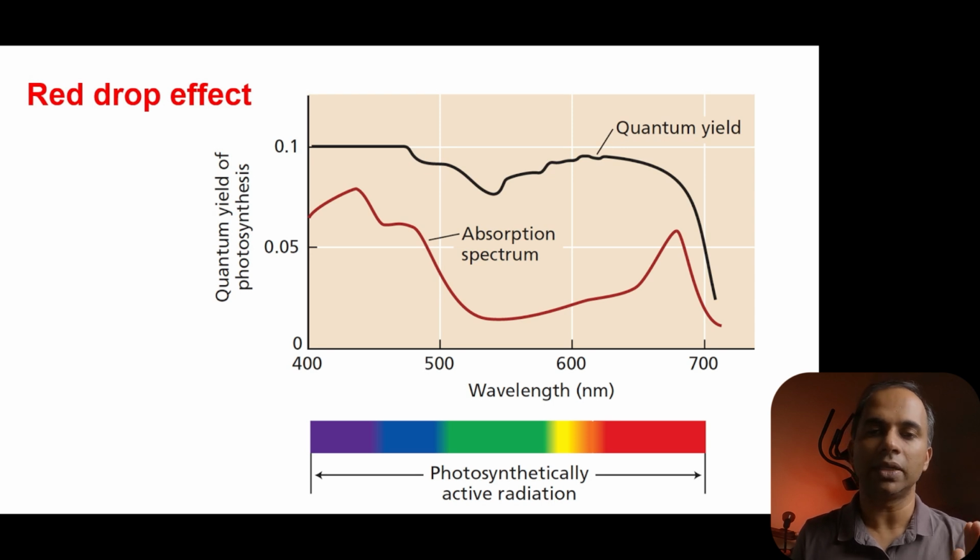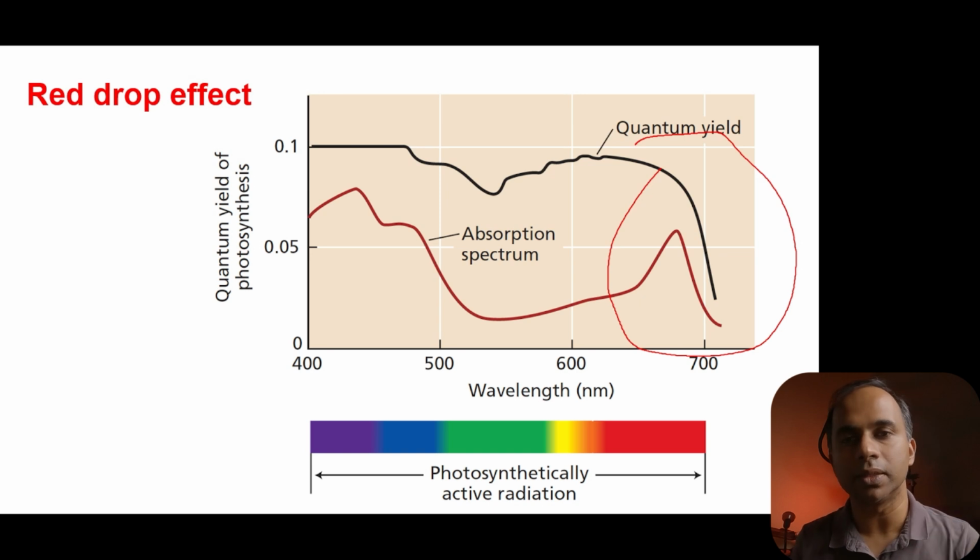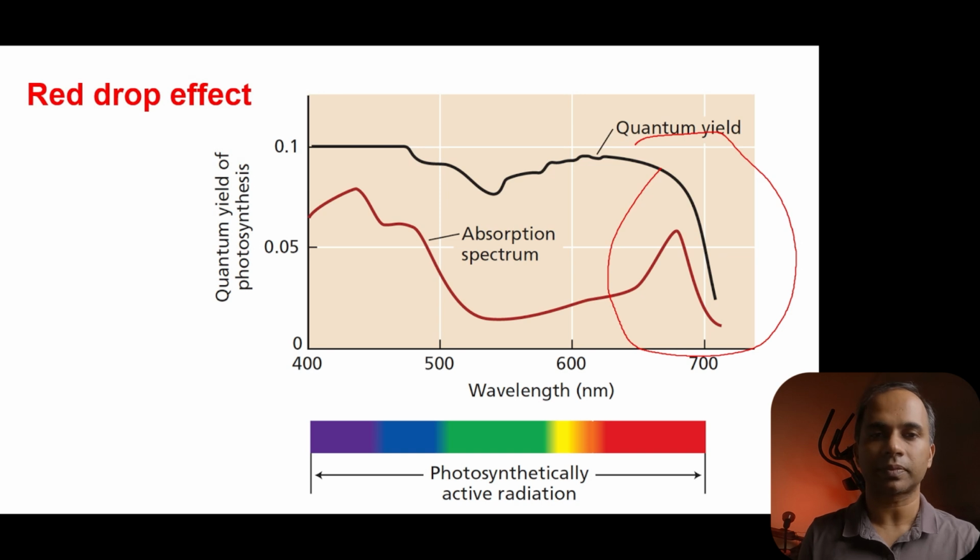But the moment it goes beyond 680 nanometers, you can see there's a dramatic drop. And let me get a pen, you see there is a drop, and scientists were puzzled by this phenomenon, and they named it the red drop effect.